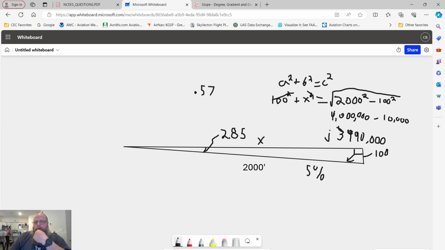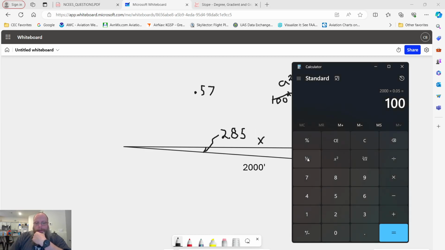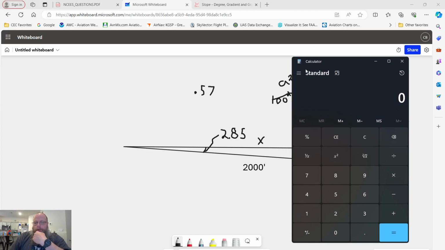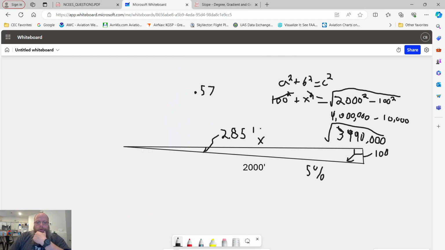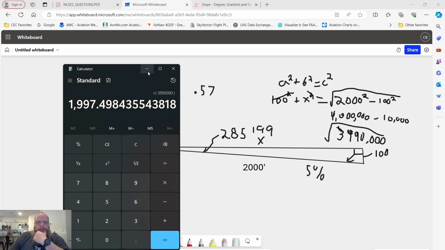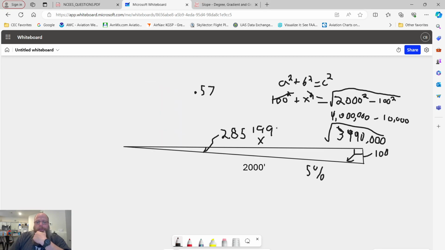And you just want to get the square root of that, which I cannot do in my head. 3,990,000, right? Yep, got that right. And the square root is going to give us 1,997.498.